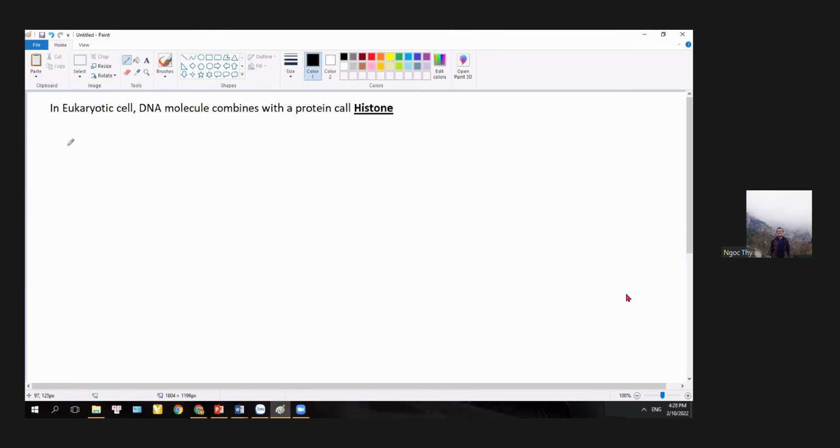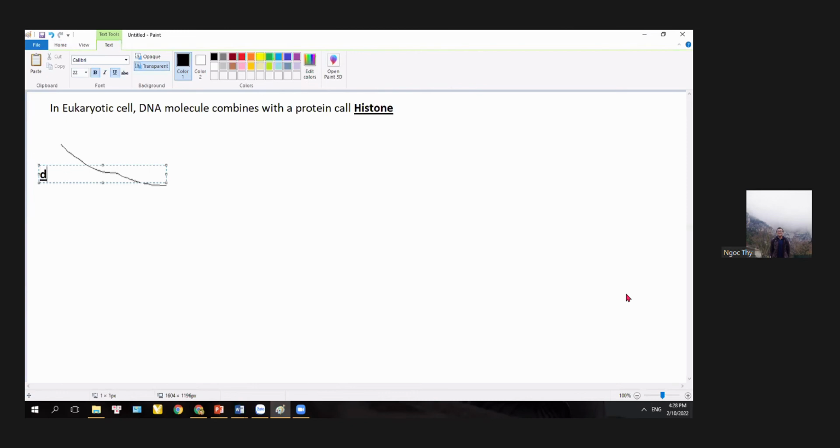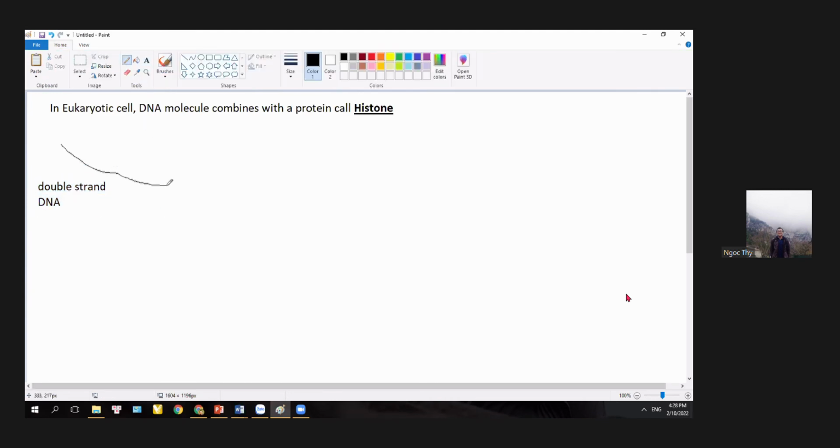For example, this is a double-strand DNA, and in the eukaryotic cell it will combine with a complex of histones: 1, 2, 3, 4, 5.